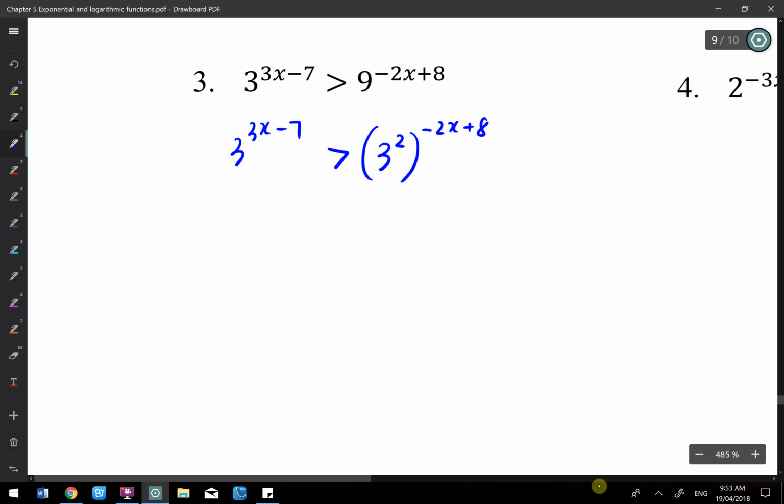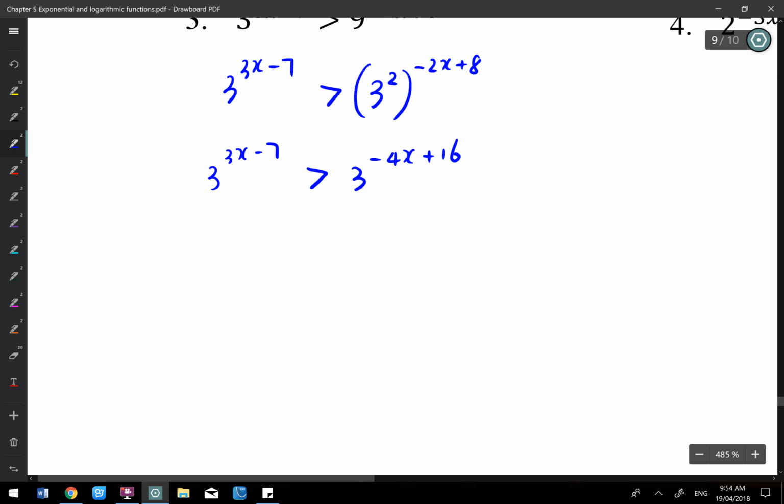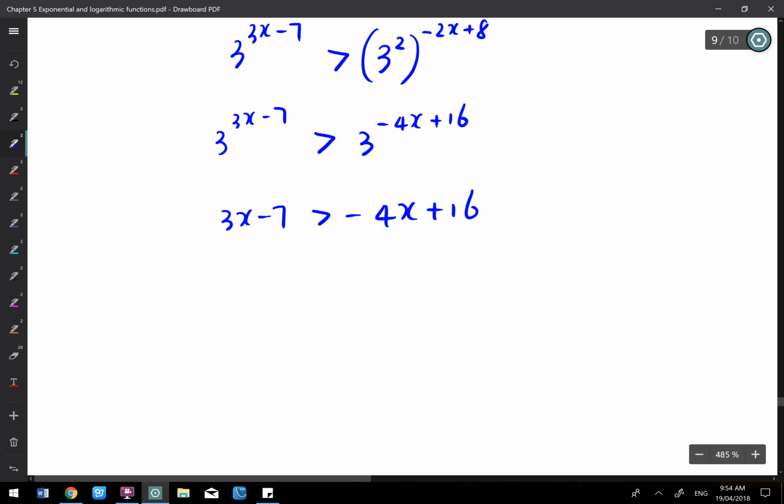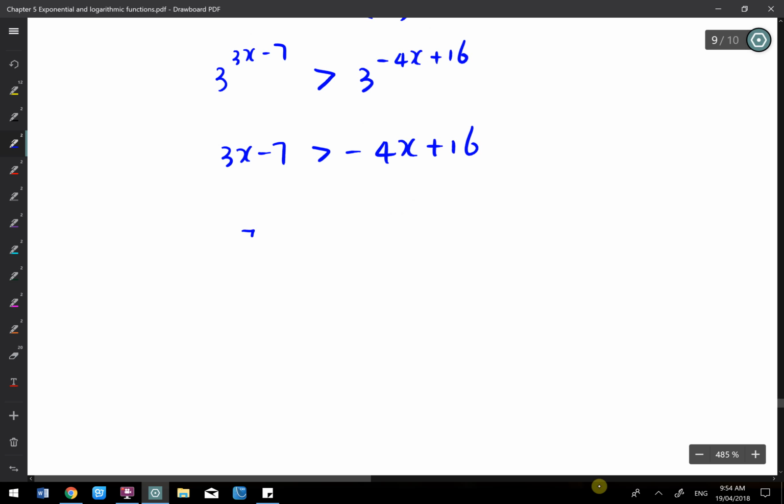Make it all base 3. Now they have the same base. I can just compare the powers. Okay, that's what we have.